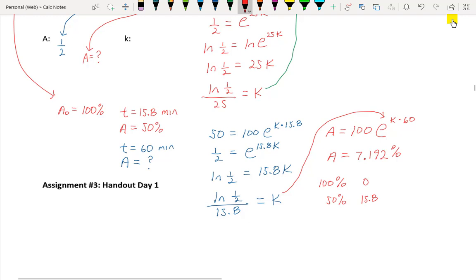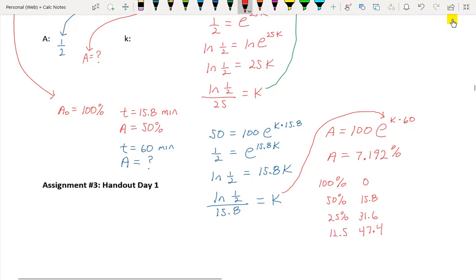If I double 15.8, that's 31.6. So after 31.6 minutes, I'd have 25% left over. And then if I add another 15.8, I get 47.4 minutes. I would have 12.5% left.